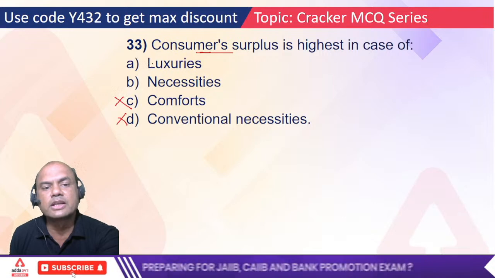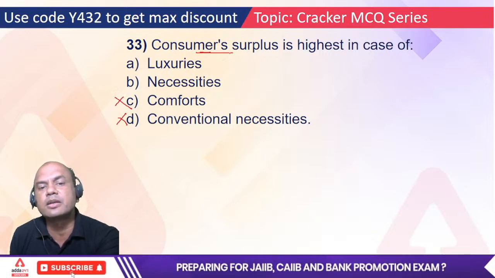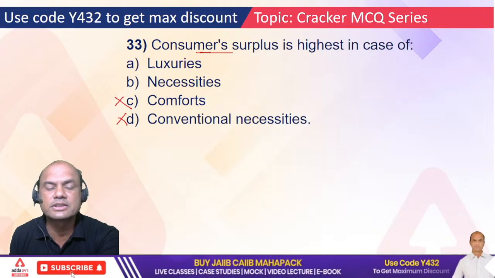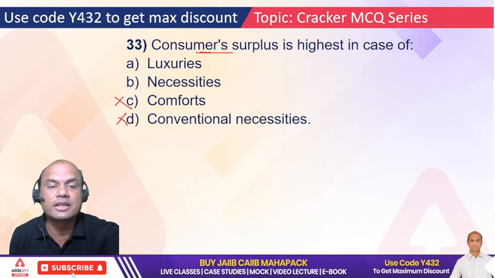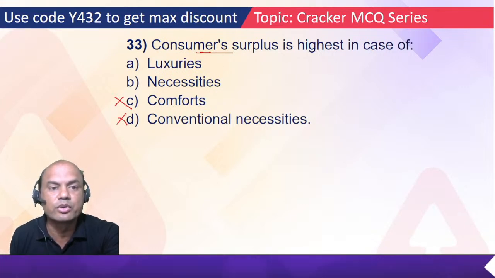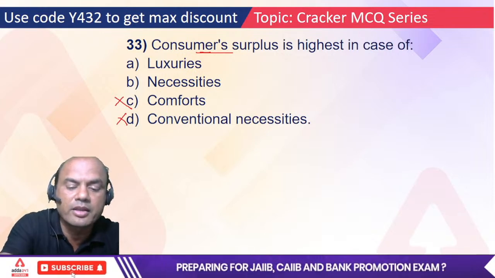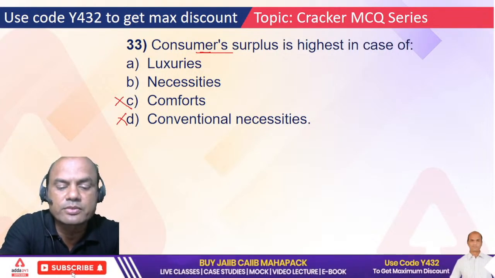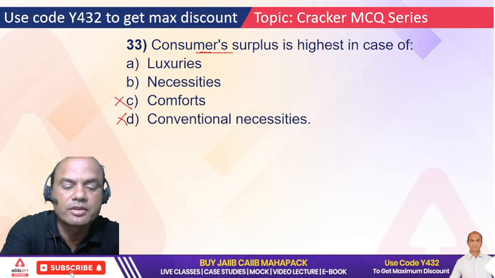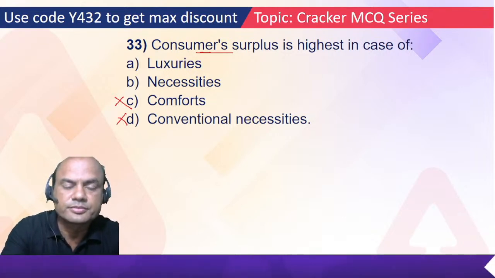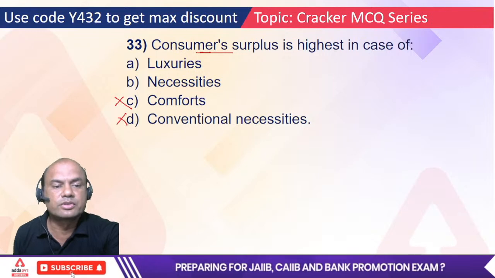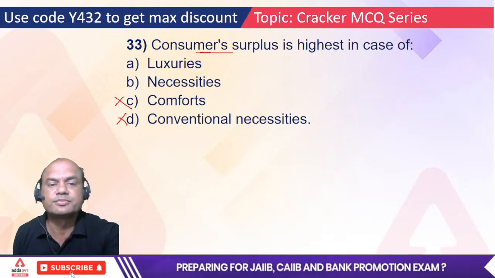So luxuries and necessities. Consumer surplus will be highest in case of what? Type the answer fast, A or B. In the meantime, I'll show you what consumer surplus is.